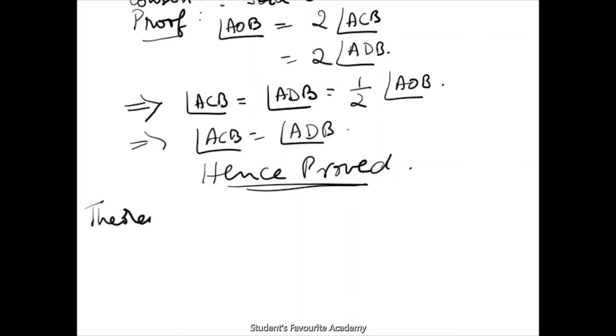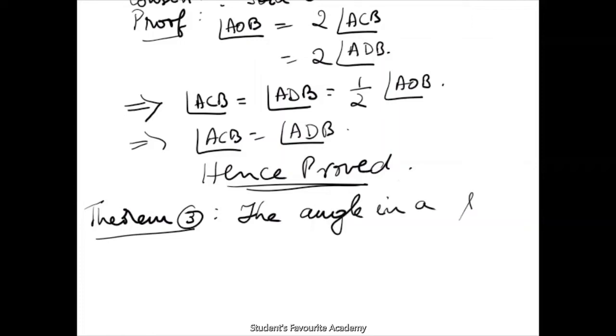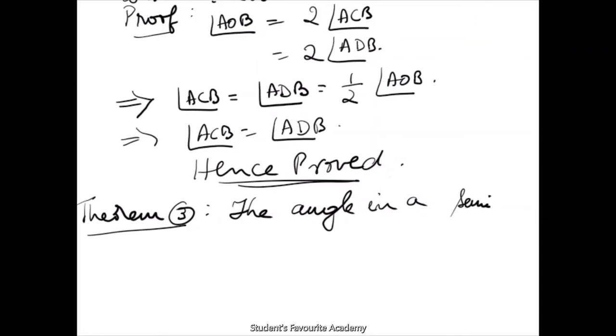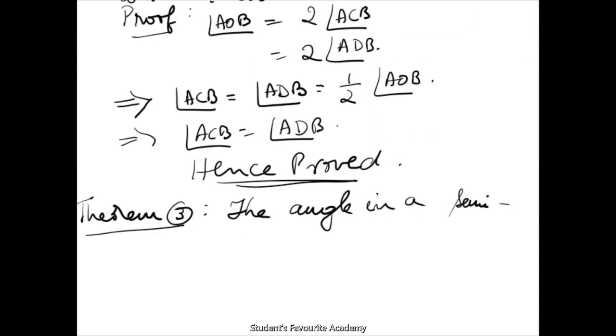So it states the angle in a semicircle is a right angle. Okay, so angle in a semicircle is a right angle.